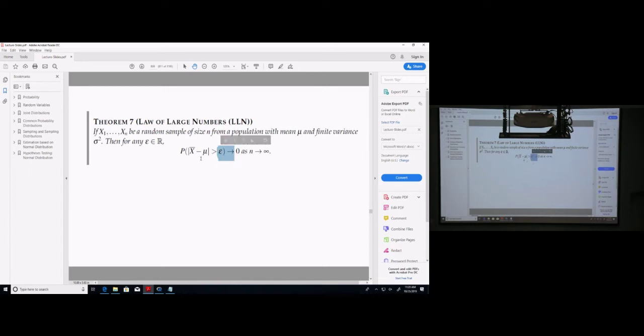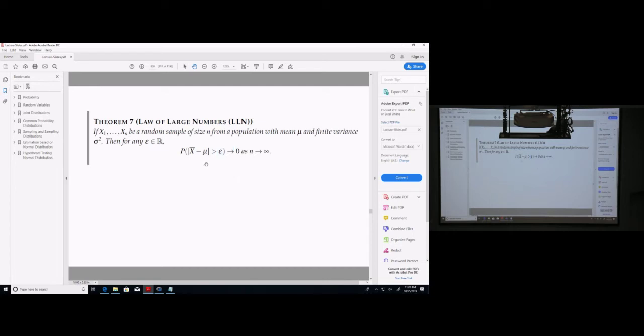So the probability that your sample mean deviates from the actual mean you are trying to measure by more than 0.1 will go to 0 as your sample size increases to infinity.